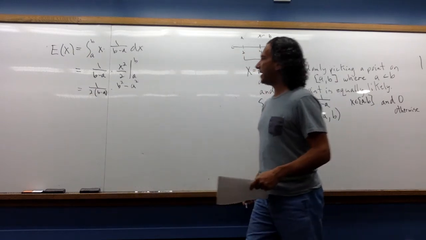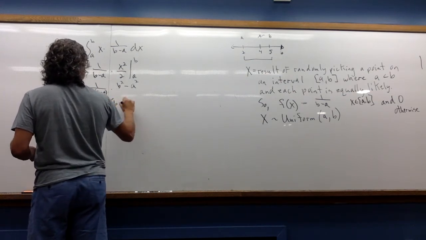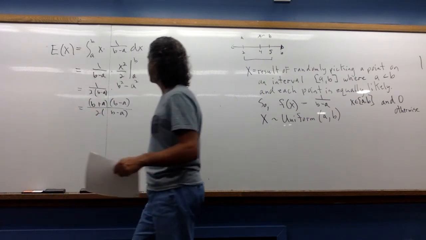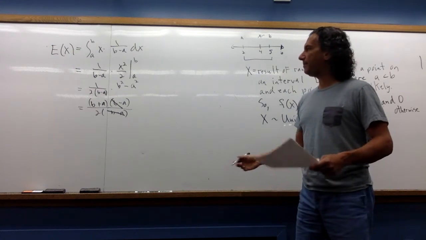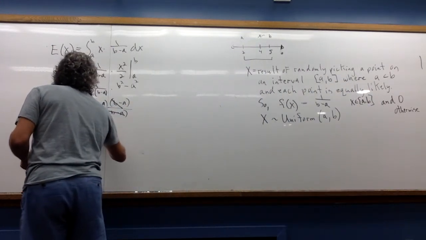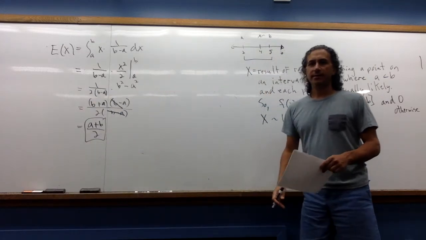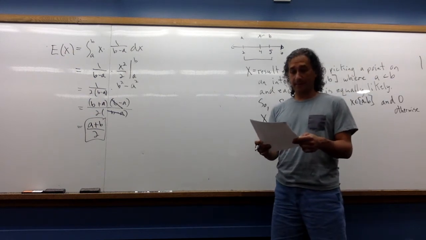And we can actually clean this up. We get b plus a times b minus a on top over 2 times b minus a on bottom. Boom, boom. And we get b plus a over 2 or a plus b over 2. I just like to write it in alphabetical order, no difference. The expected value is exactly where we think it should be, which is in the middle.